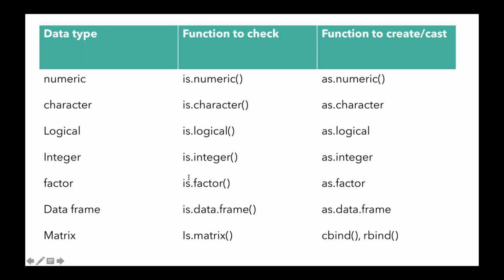Now, if I wanted to do math on this, I couldn't. I would have to change it to a variable of type numeric. So to do that, I do something like this. What that will do is recast that variable to the right data type. Any questions on that?